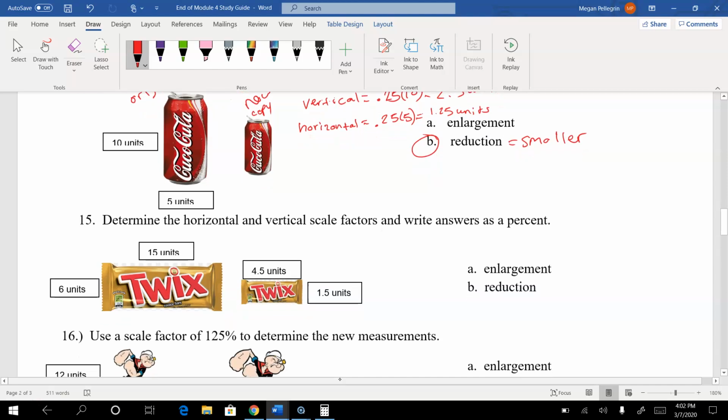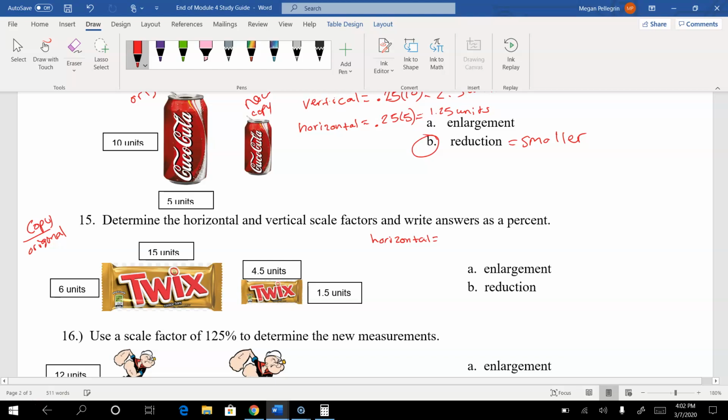Okay. Number 15, determine the horizontal and vertical scale factors. Write the answers as a percent. Okay, so it says horizontal first, so we'll do horizontal first. Remember, on here we do our copy over the original.